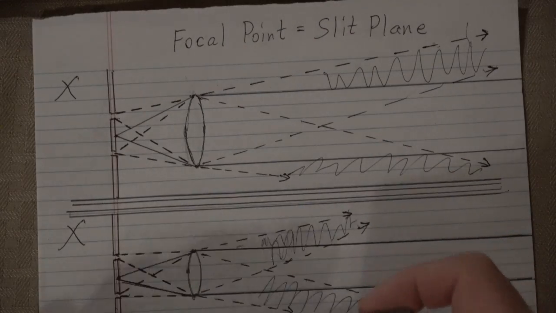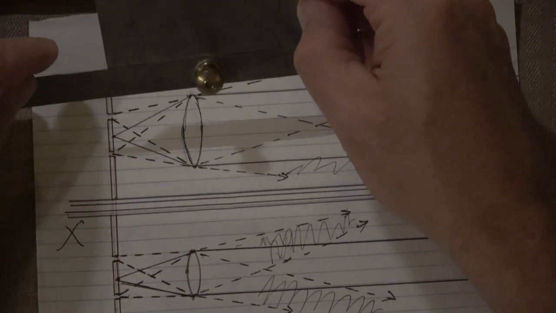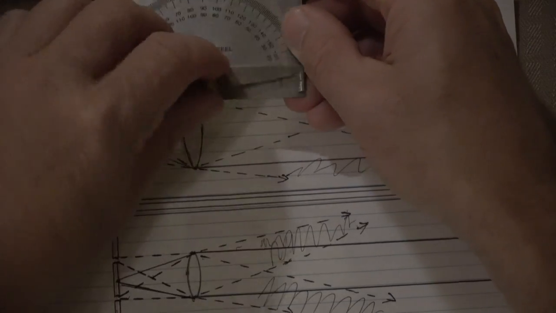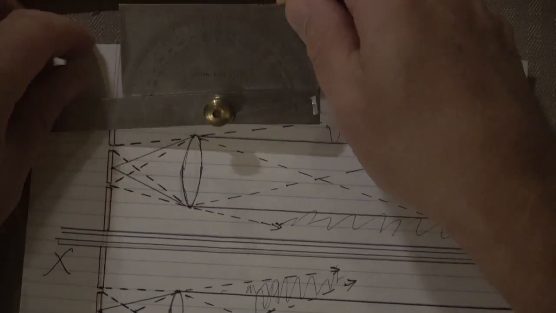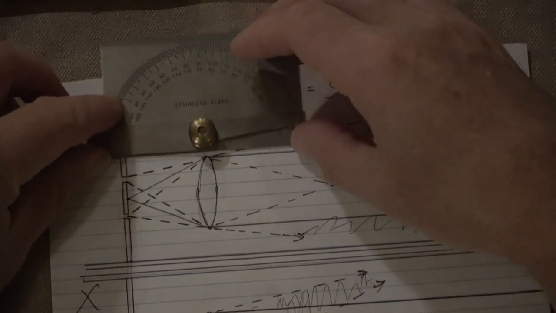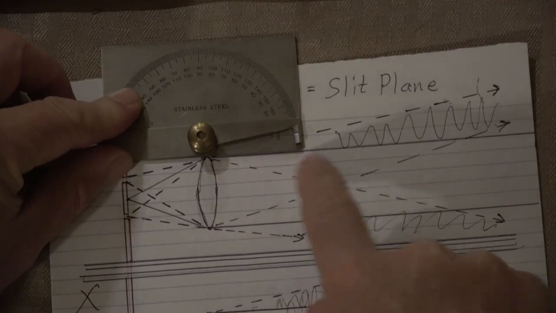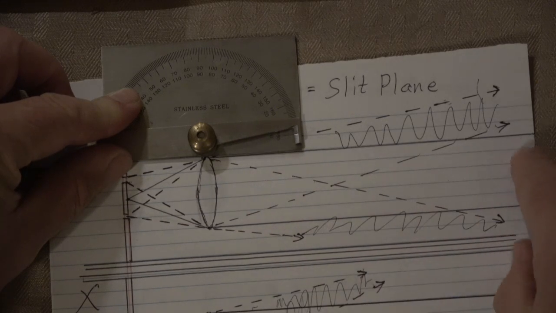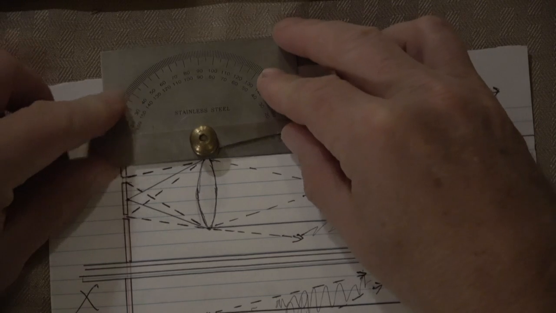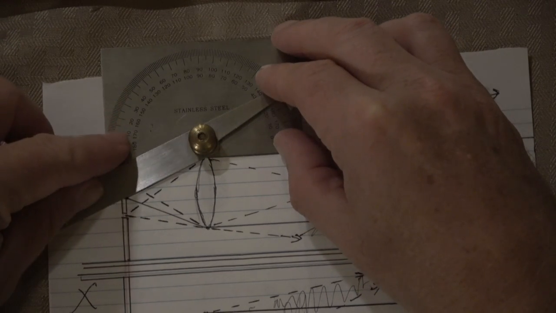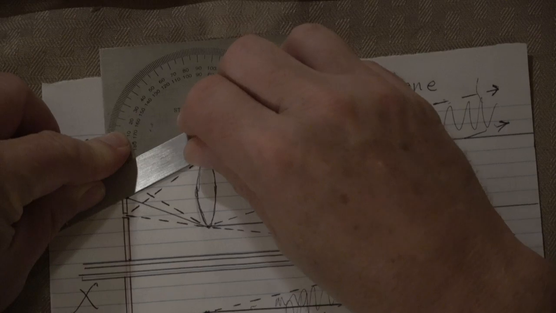And how this works is you take a protractor, and this is a machine shop protractor, and you follow this line going across here, your straight line to the image detector, whether it be your eye or anything else, and you put this one down the focal plane and you lock it in place.